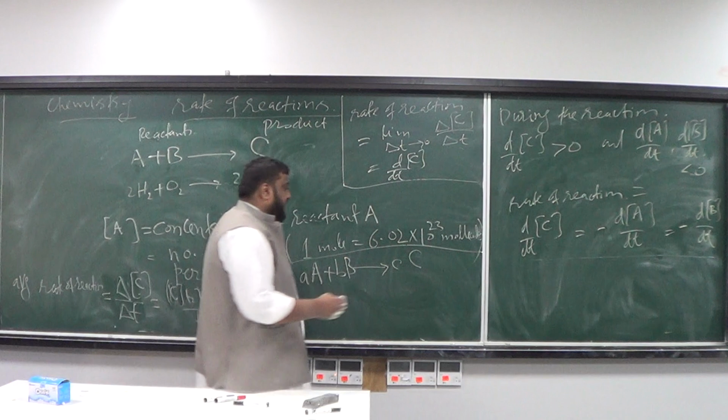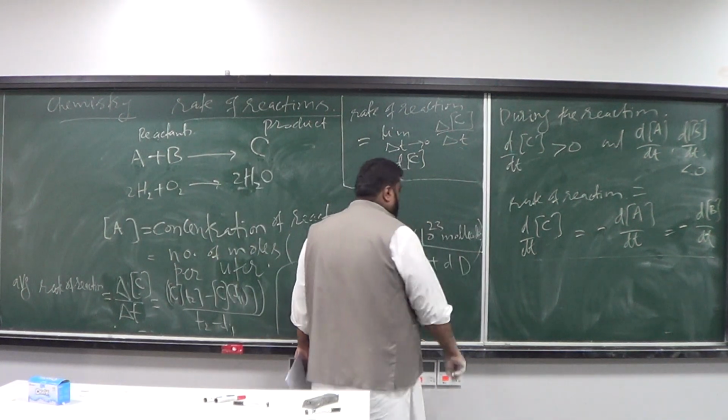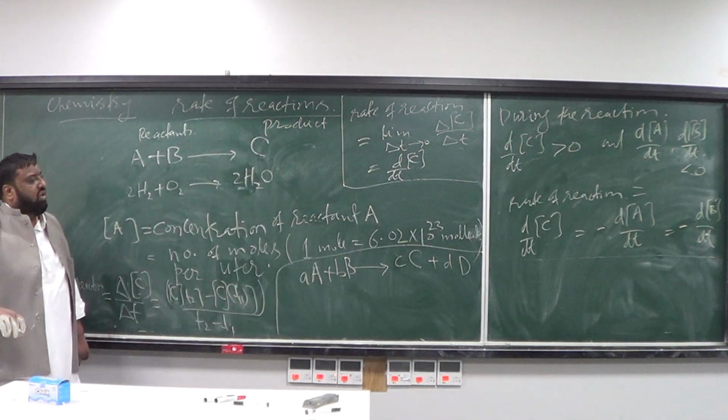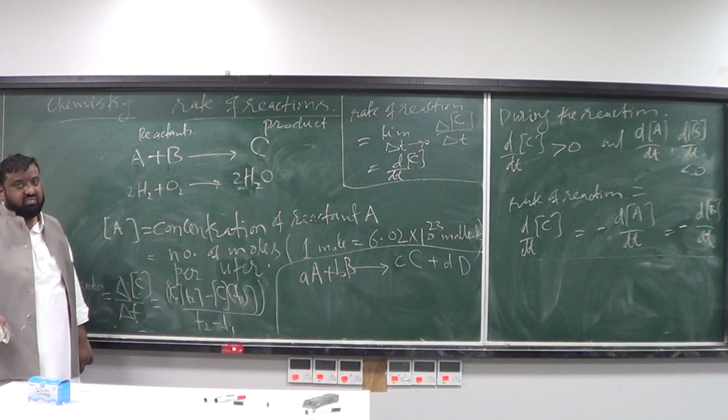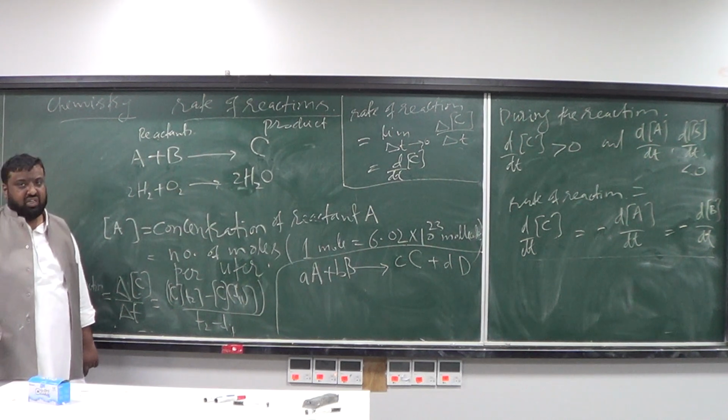Maybe I can add that there are two products, and imagine that d molecules of D are being produced. The question is, what would be the rate of reaction now?